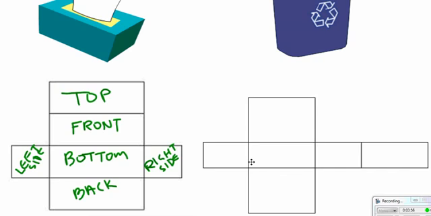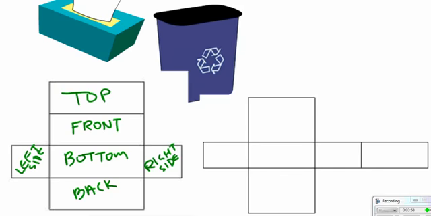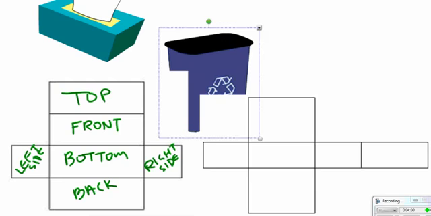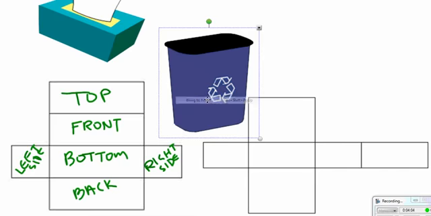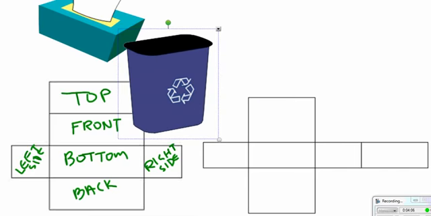Or we could do a representation like with the recycling bin. Okay, so if we're looking at the recycling bin, now looking at this larger shape, this is the front. And then on our net, this would be the front.